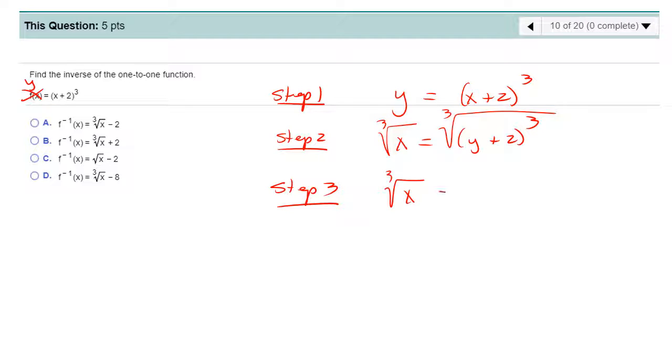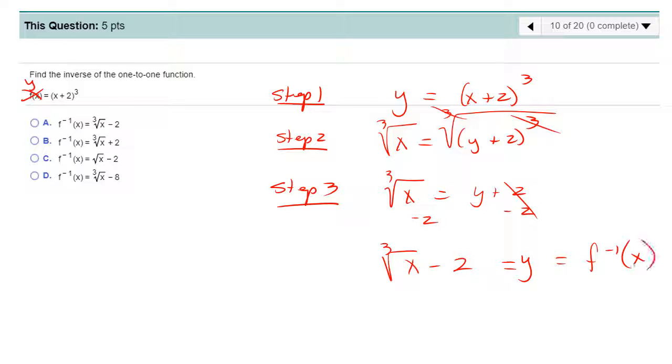That would allow me to drop out that parentheses. Then I would subtract the 2. So my inverse has to be cube root of x minus 2. That is the f inverse. So that's what I need to look for, and the cube root of x minus 2 would be choice A.